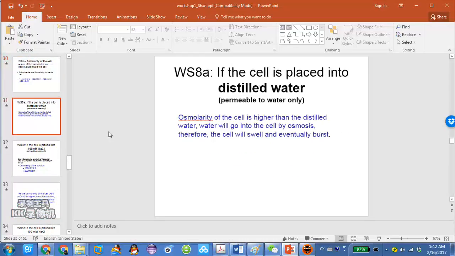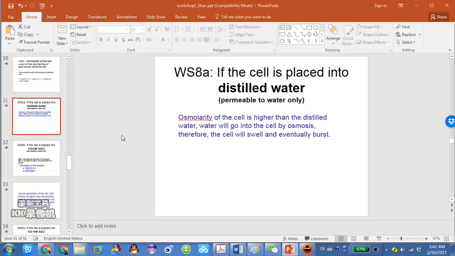Okay, the first solution is distilled water. We compare the osmolarities simply. So we know that the outside solution is a hypoosmotic solution to the cell.